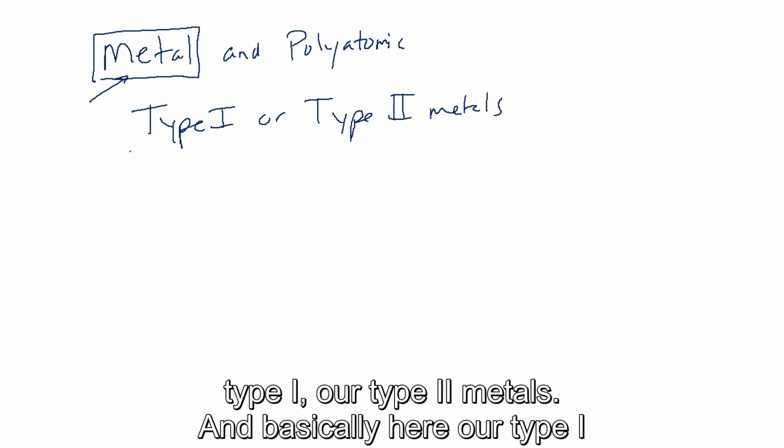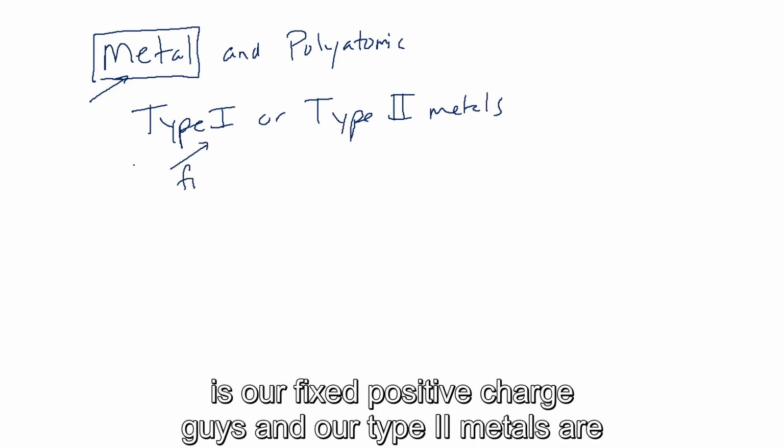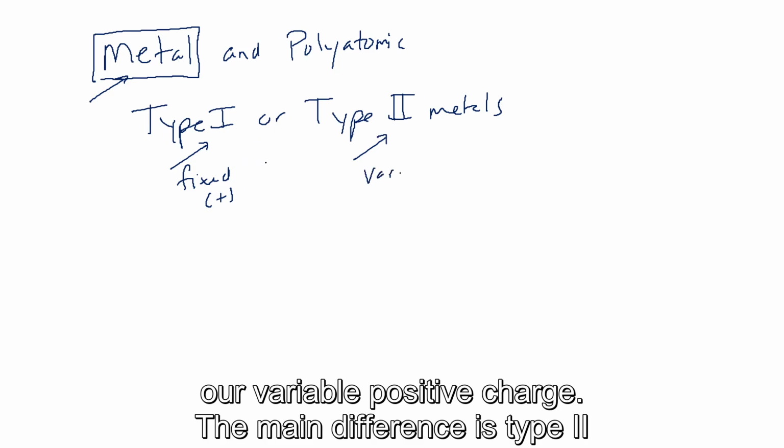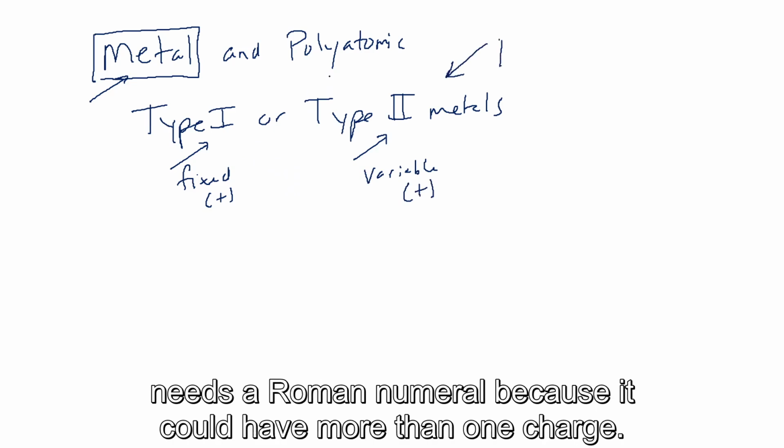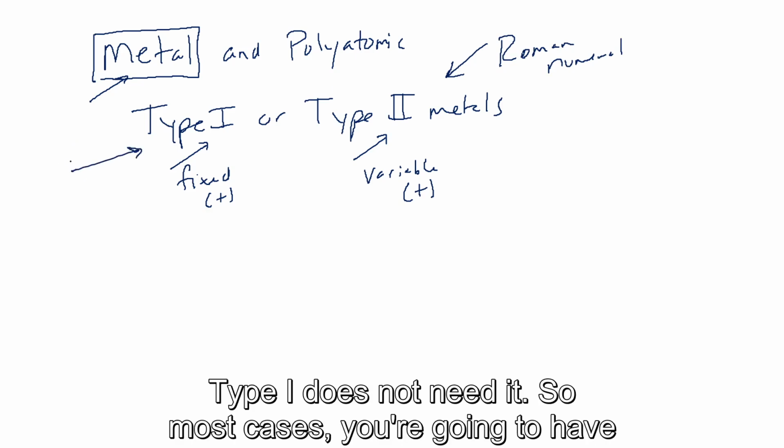Basically here, our type 1 is our fixed positive charge, and our type 2 metals are our variable positive charge. The main difference is type 2 needs a Roman numeral because it could have more than one charge. Type 1 does not need it.